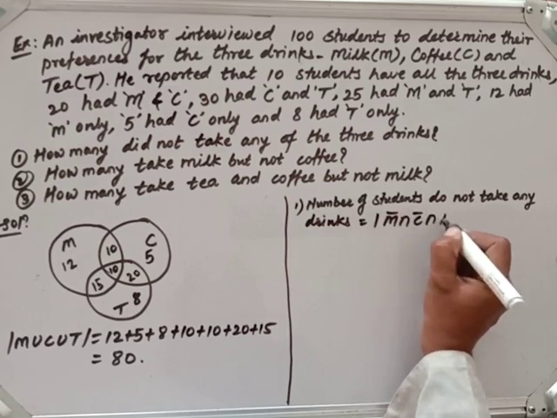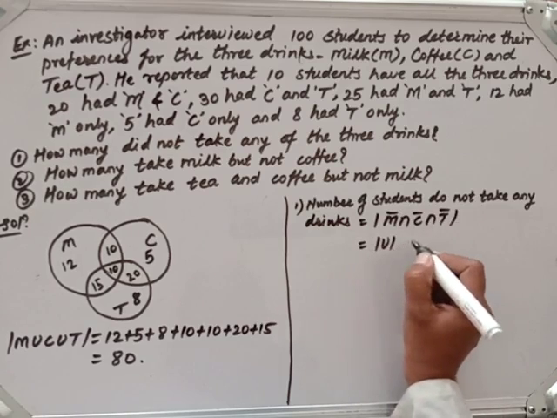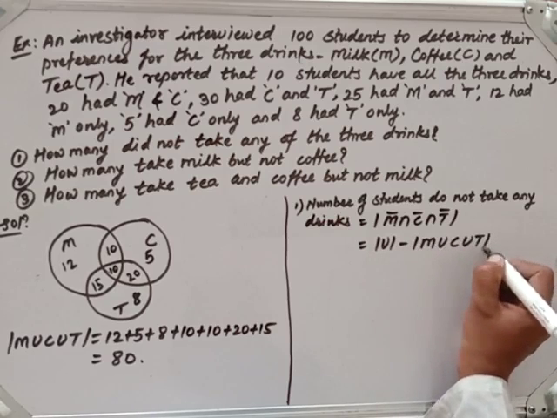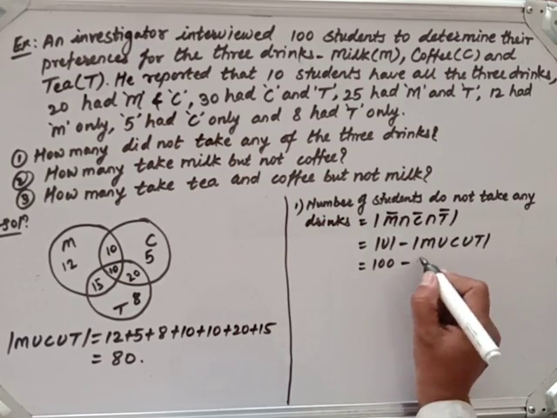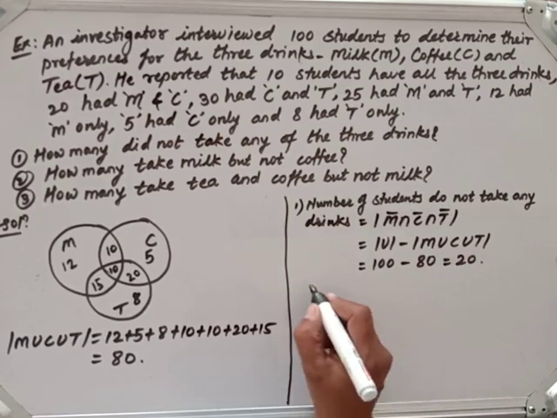This is the total number of students minus the union, M union C union T. Total number is 100, minus 80, so that is equal to 20. 20 is our answer here.